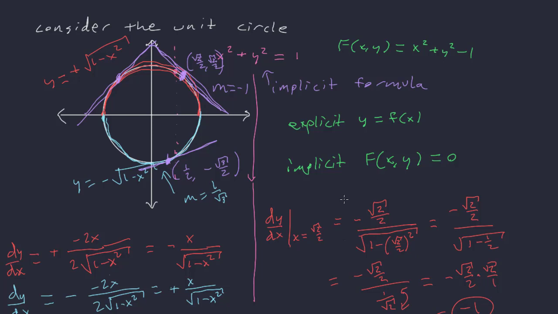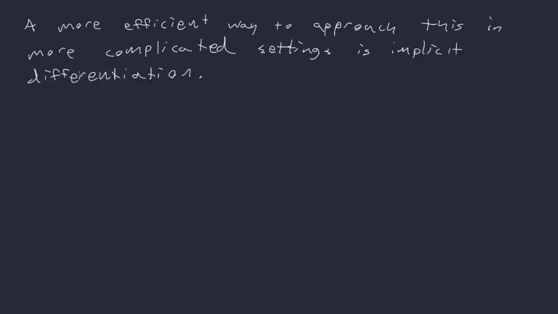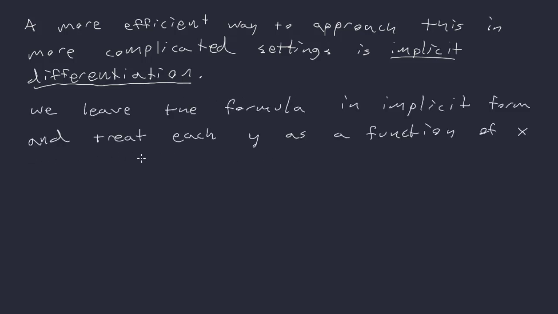So here's another thing we can do, and that's implicit differentiation. A more efficient way to approach this is implicit differentiation. And this is where we leave the formula in implicit form and then treat each y as a function of x.